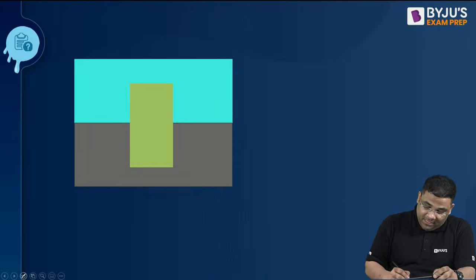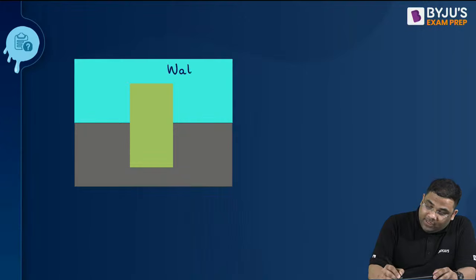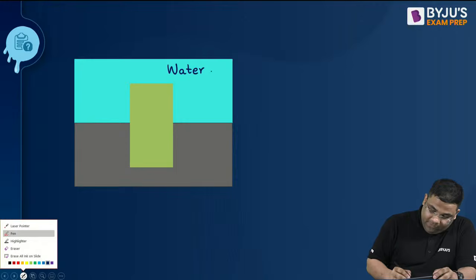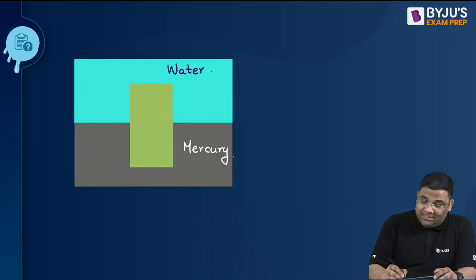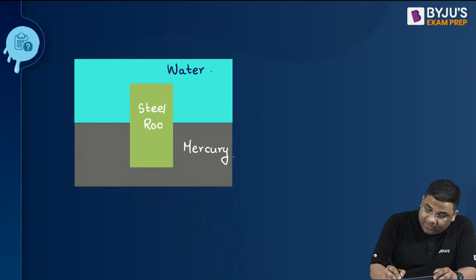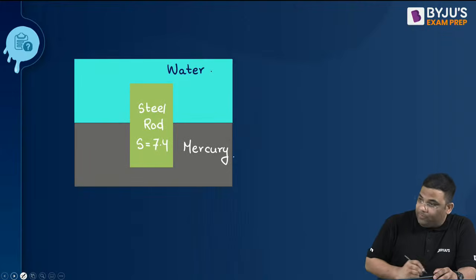You see, here we have water, and here we have mercury. The steel rod is inserted like this, and its specific gravity is given as 7.4.